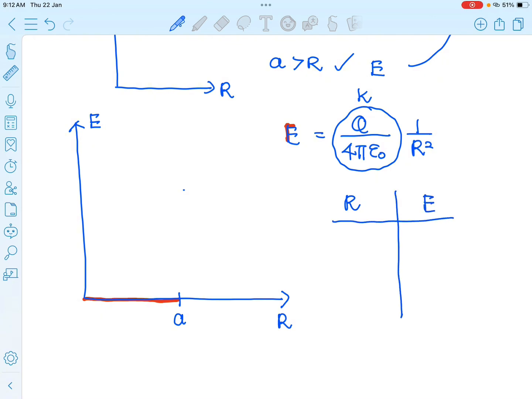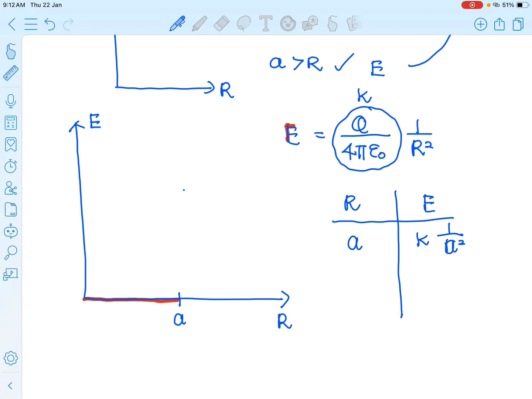So what will happen if R is equal to A? It will be 1 over A squared, so over here I will say that K is 1 over A squared. Let's say I give a value for A, because I need values to plot the graph.